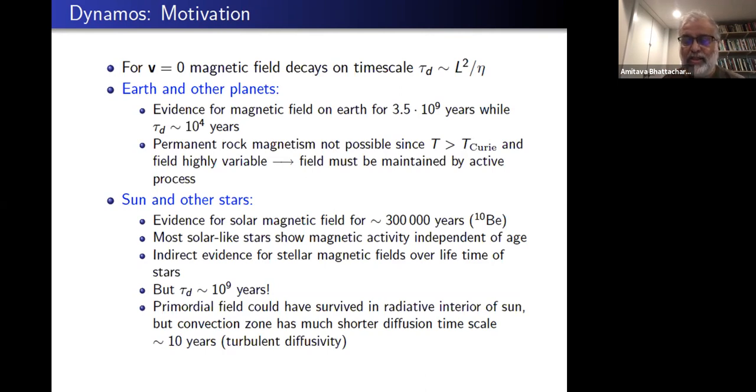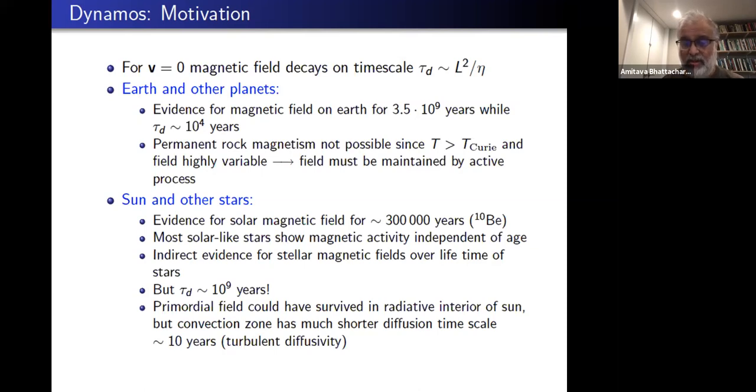Most solar-like stars show magnetic activity independent of age, even though our knowledge of these stars' magnetic fields is not as detailed as it is in the sun. You can give pretty good and reliable estimates of what the magnetic fields of stars are and their correlation with age and rotation.